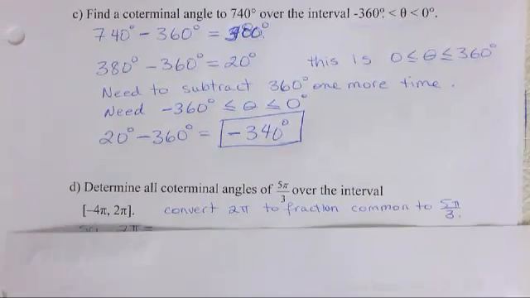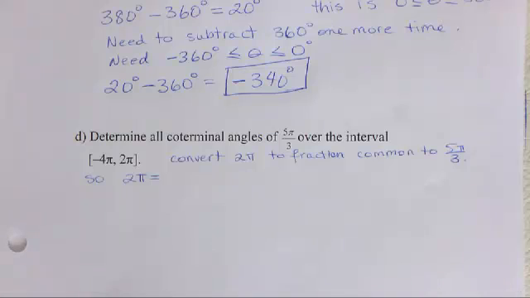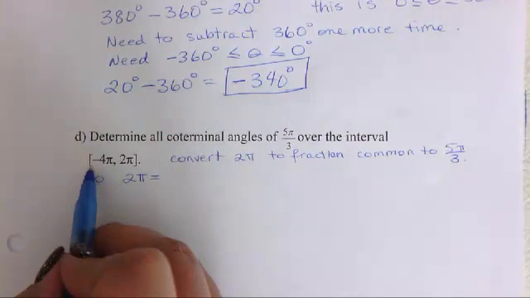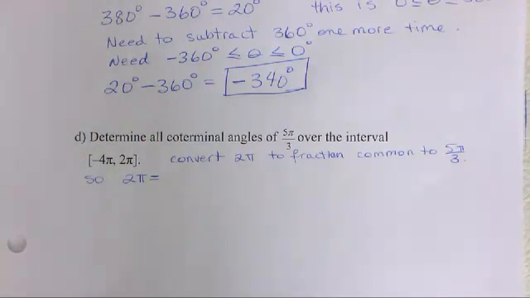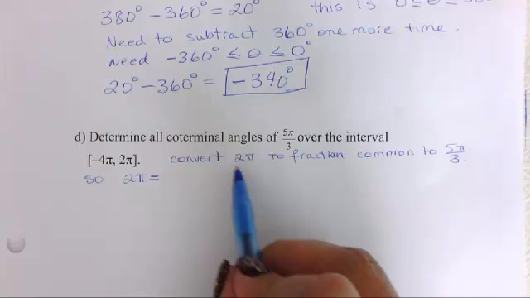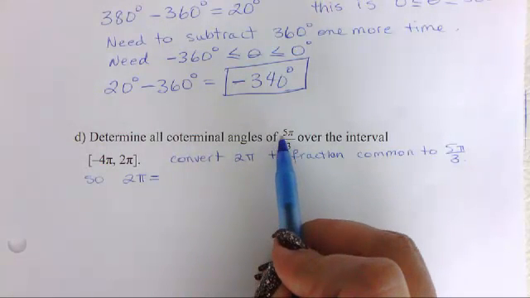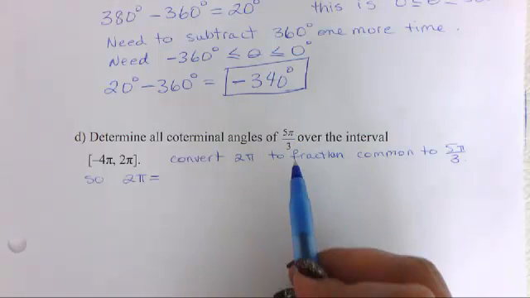All right. This one here says determine all the coterminal angles of 5 pi by 3 over the interval -4 pi and 2 pi. All right, so before I can find the coterminal angles, what I'm going to do is add or subtract multiples of 2 pi.